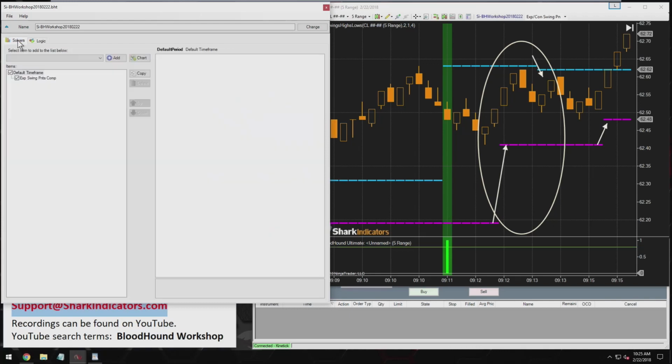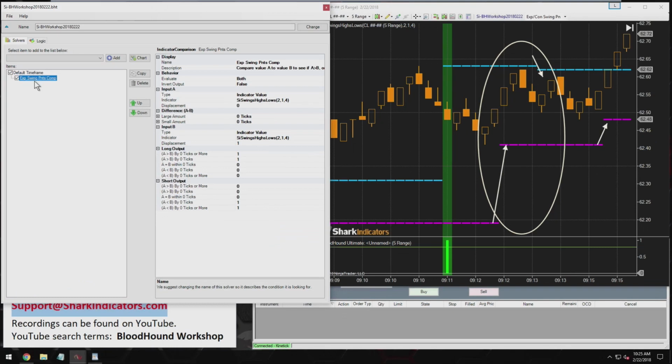We're going to go to our solver tab. This solver tab has the list of all of the solvers that have been built in this BloodHound template. All the solvers are listed here. We can select this solver, and you'll see there's a copy button, so we can copy it. I'm going to change the name to contraction.